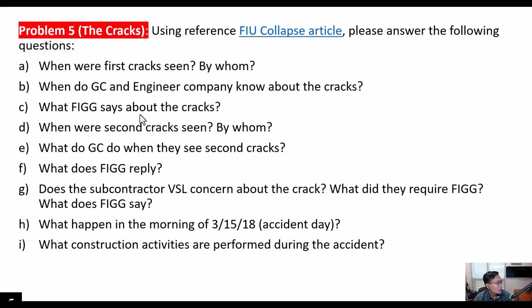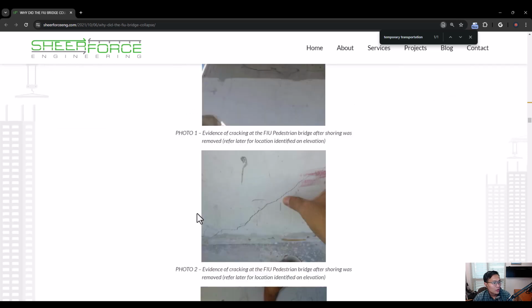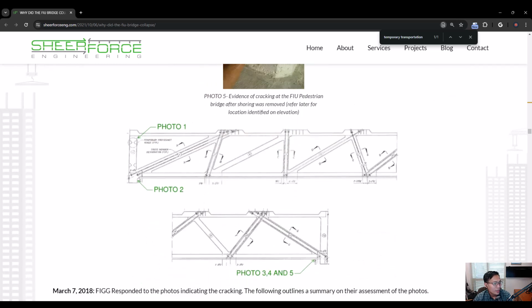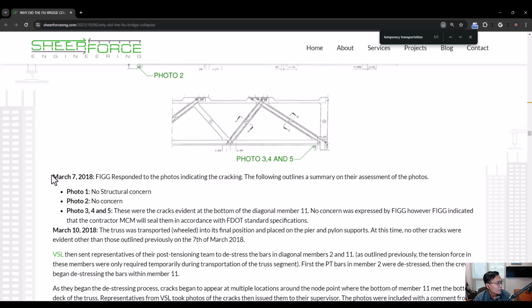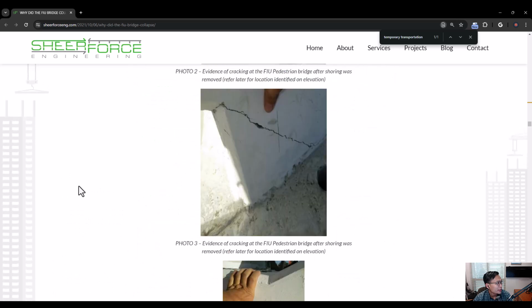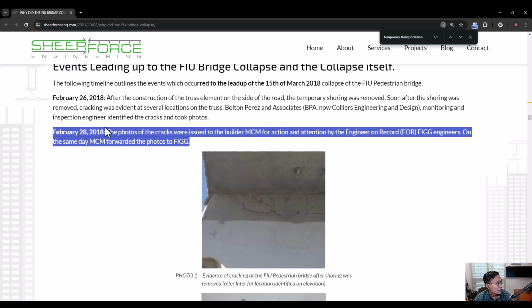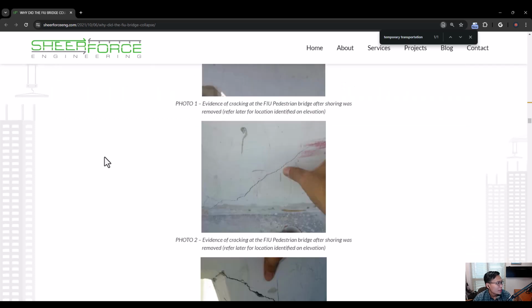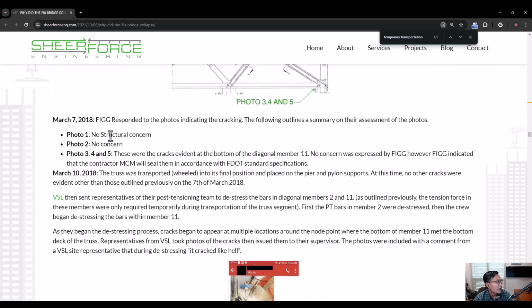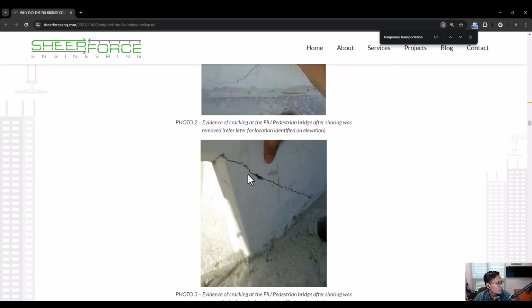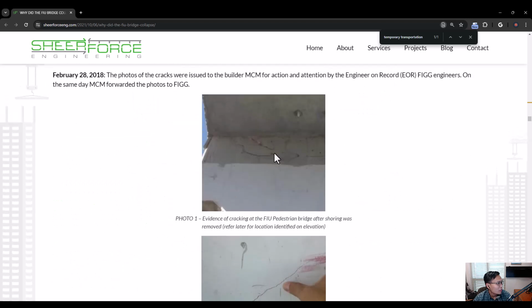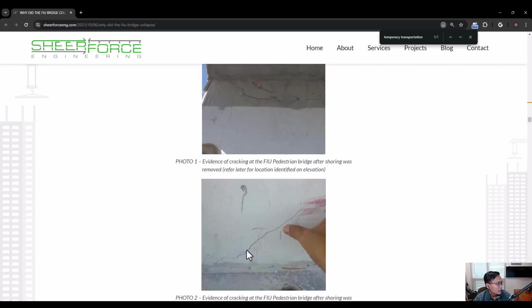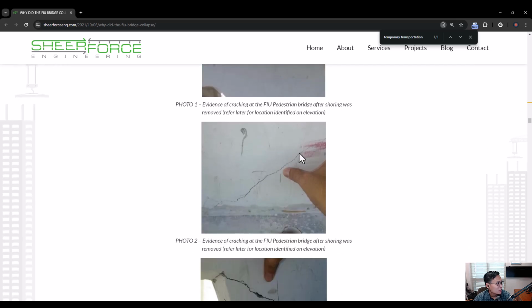Next question, what does FIC say about the crack? As you can see on March 7, they waited for more than a week, and they replied back over here. Photo 1, no structural concern. You see that they sent a crack, photo 1 over here, there's some crack. Another crack on photo 2 as well.